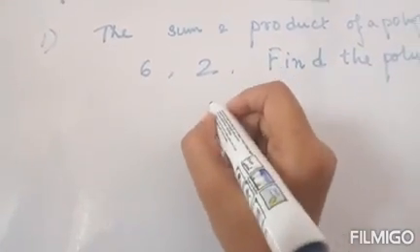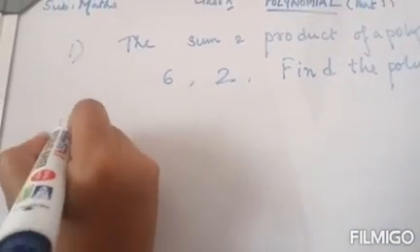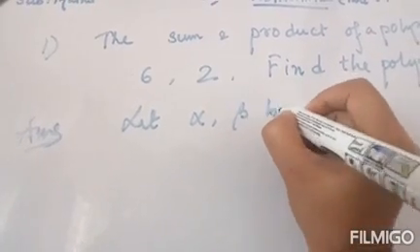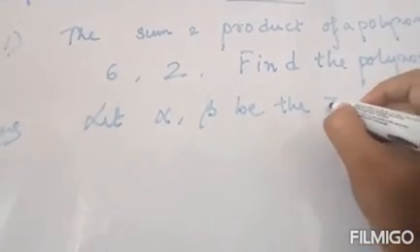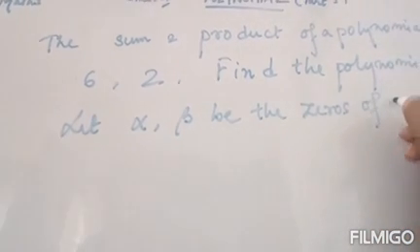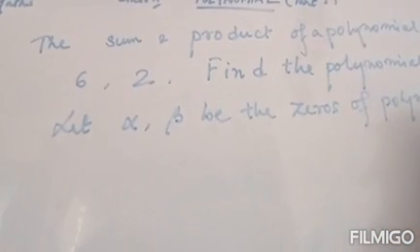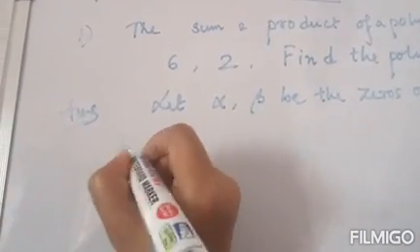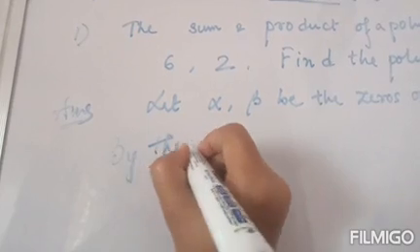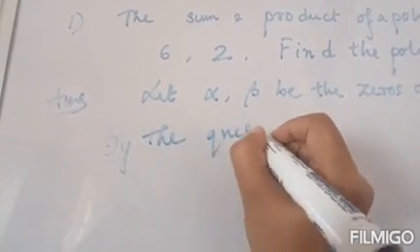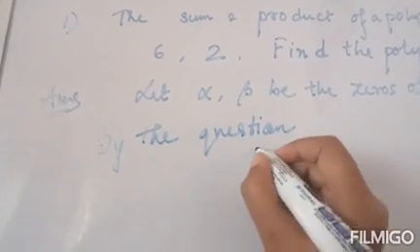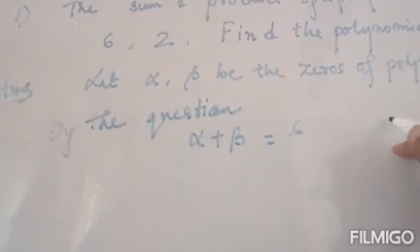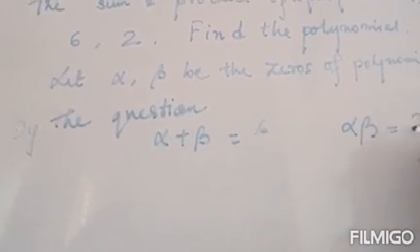The sum of the zeros is 6, which means what? You have to write, let alpha and beta be the zeros of the polynomial. Now, by the question, alpha plus beta is 6 and alpha beta is 2.